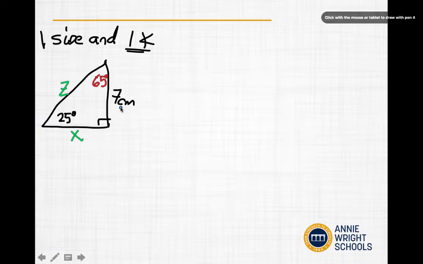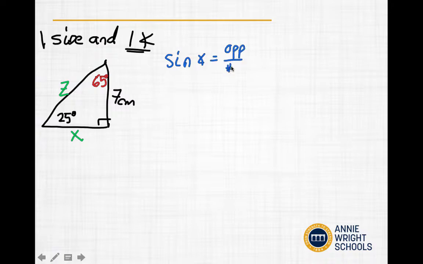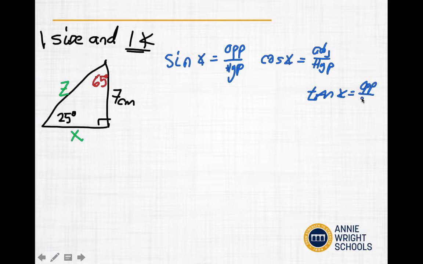But what we can use is the relationships we've been talking about in right triangle trigonometry, that the sine of an angle is equal to the opposite over the hypotenuse, that the cosine of an angle is equal to the adjacent over the hypotenuse, that the tangent of an angle is equal to the opposite over the adjacent.